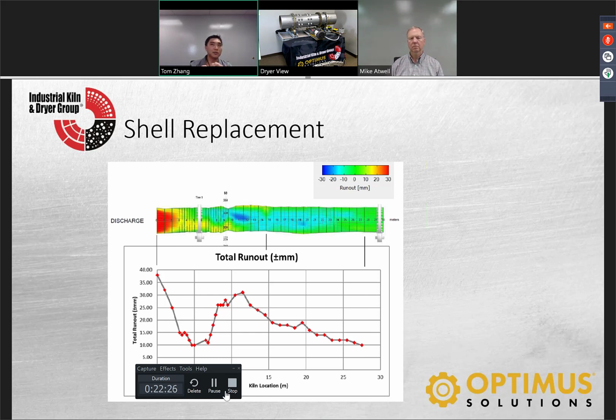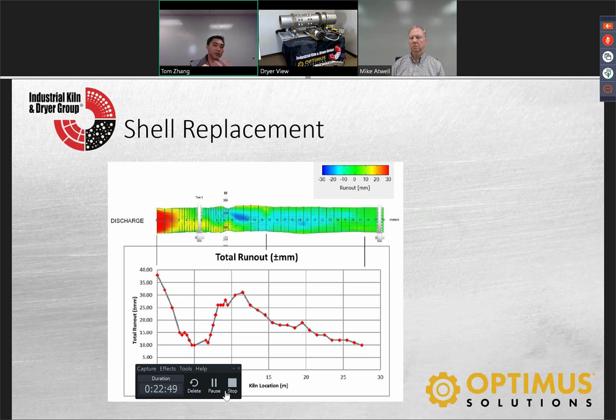And we saw dark spots. So it seemed that the shell was heavily heated above the temperature that it needed to be. So you got temperature issues, you got pad issues, and then the shell replacement was just that quantitative data that puts a ribbon on it to where you need a replaced shell.